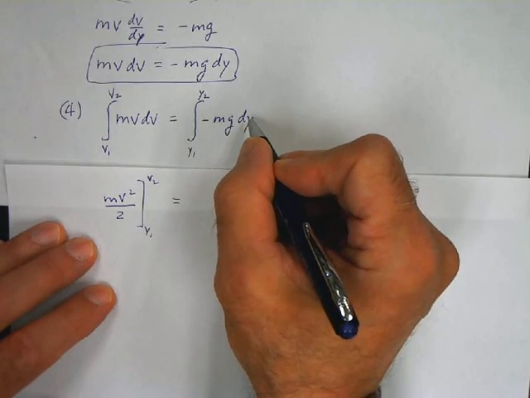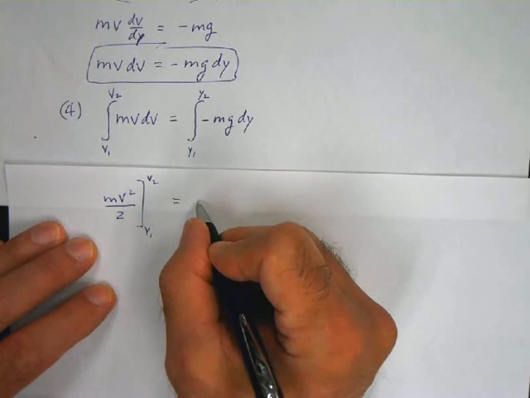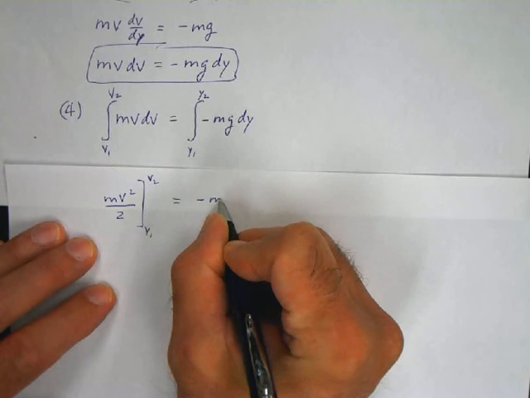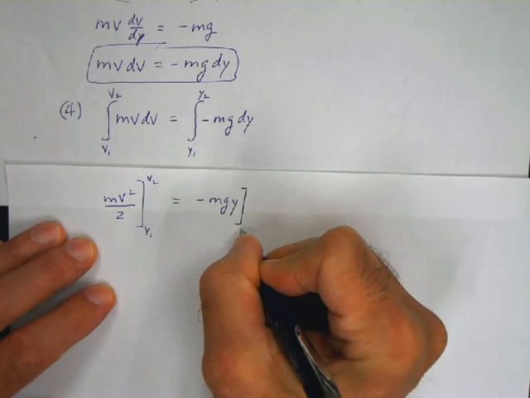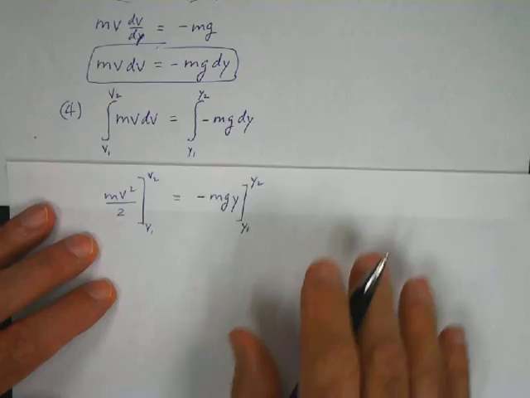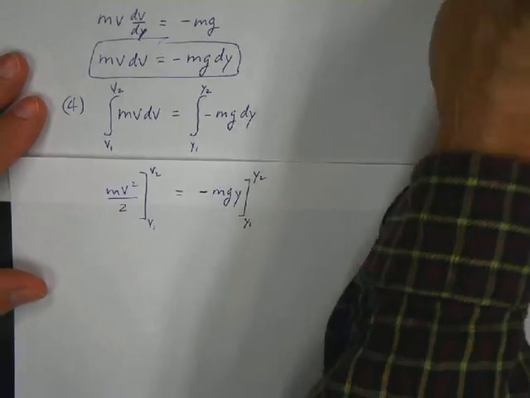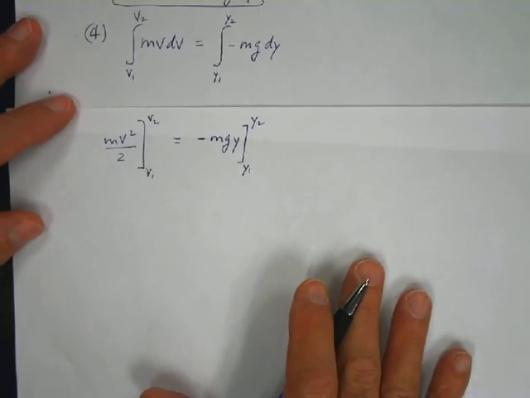And our limits of integration would be from v1 to v2 there. We'll set that equal to the other. Now, if we integrate dy, that just becomes y. So we end up with negative mgy, and our limits of integration would be from y1 to y2.